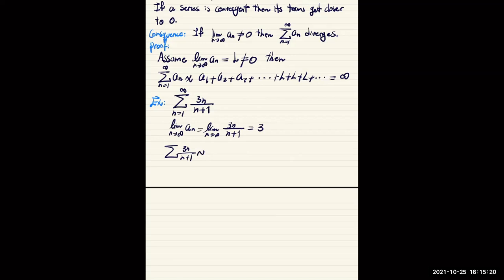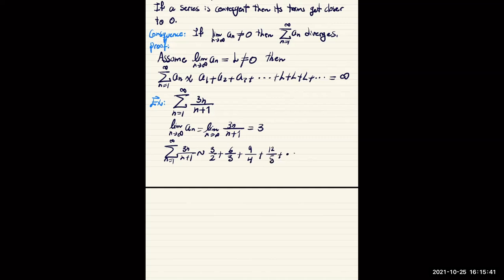If I write out a bunch of terms beginning at n equals 1, when you plug 1 for n, you get 3 over 2. When you plug 2 for n, you get 6 over 3. When you plug 3 for n, you get 9 over 4. Plug 4 for n, you get 12 over 5.